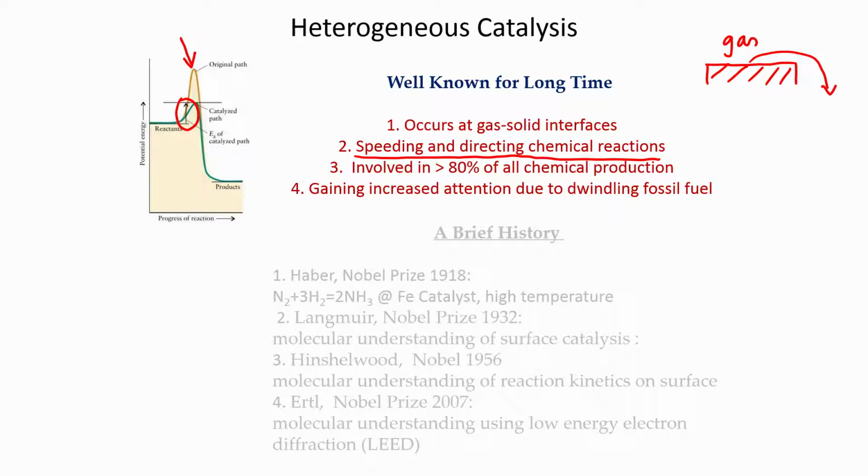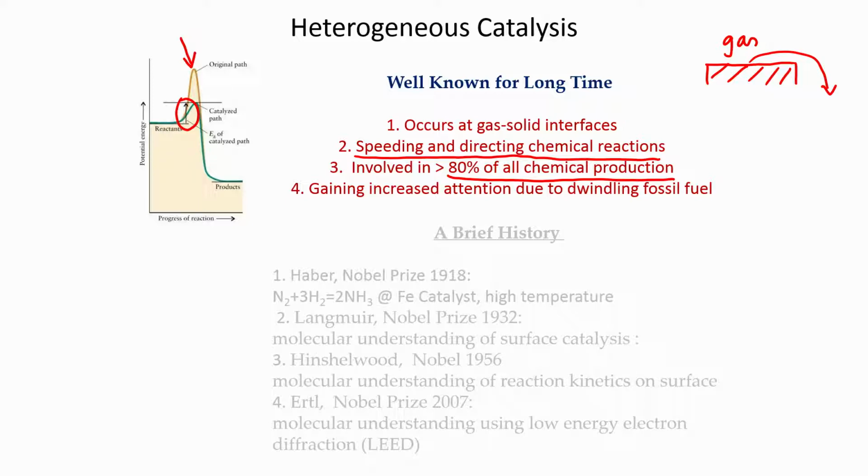Heterogeneous catalysis: more than 80% of all chemical production is based on heterogeneous catalysis. And currently heterogeneous catalysis is gaining increased attention due to the decrease in fossil fuel resources.